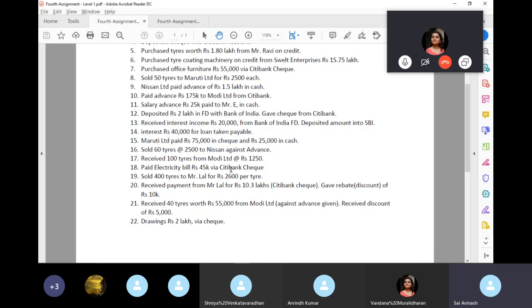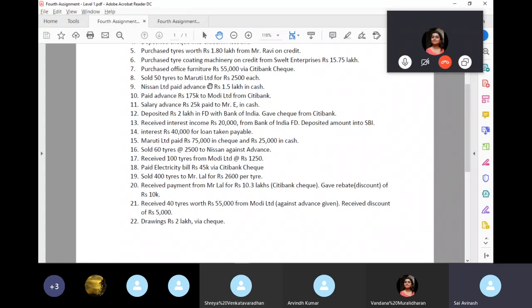In every example before, it makes common sense for you to presume that I did not purchase 100 tires for 1,250 rupees, right? It doesn't. Then what will that mean? It will mean that one tire is 12.5 rupees. No way, because I'm selling 50 tires for 2,500 rupees each, right?